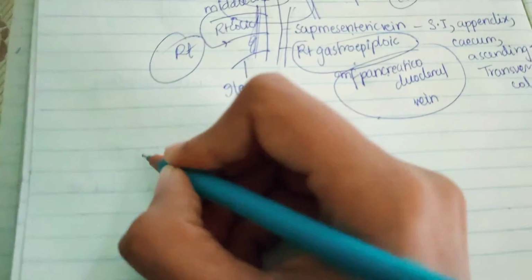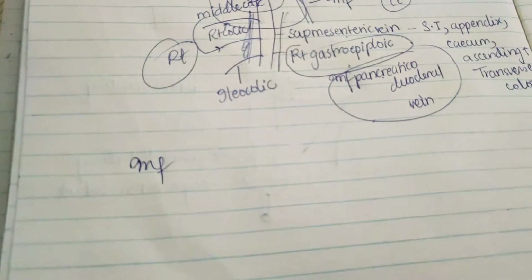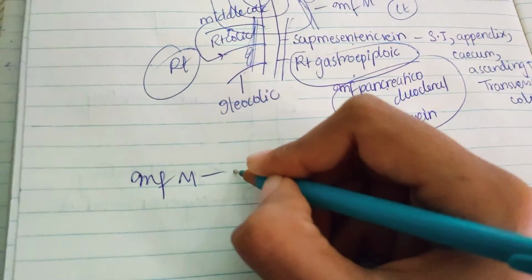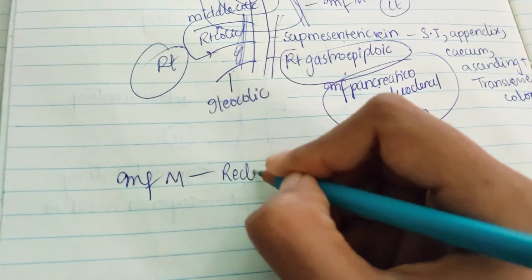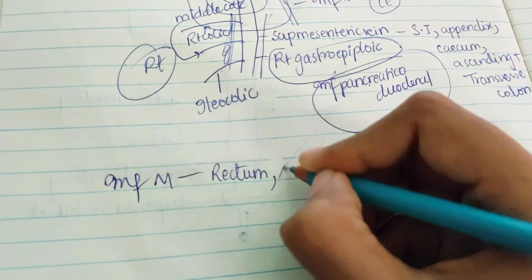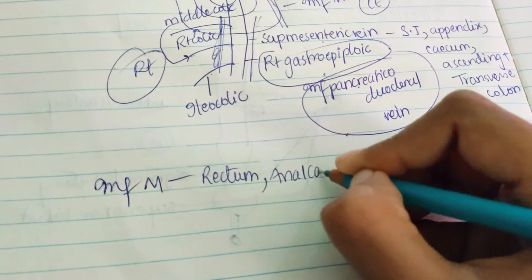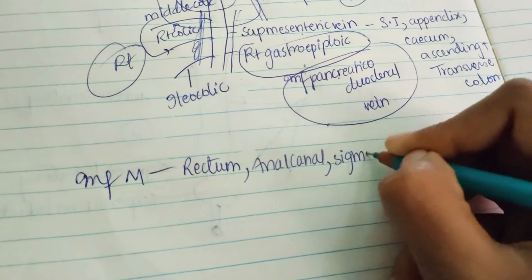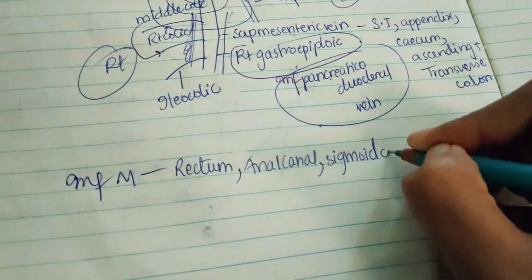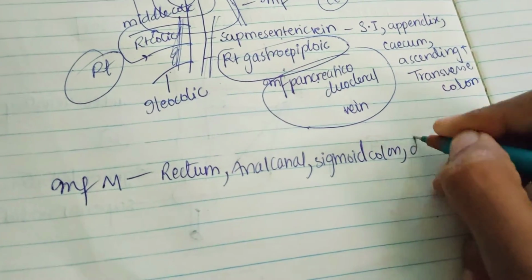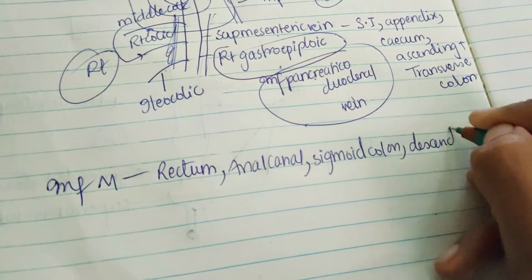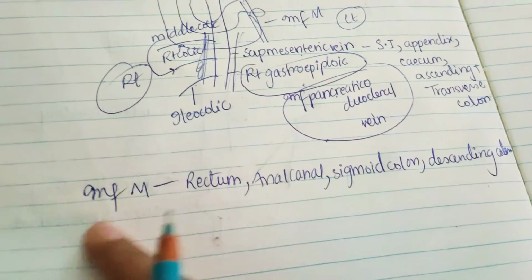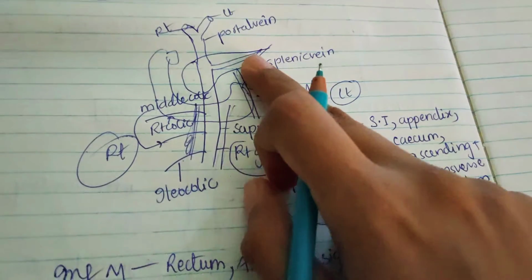So let me write it: the inferior mesenteric vein drains the rectum, anal canal, sigmoid colon, and descending colon. From all these parts the blood is drained by means of the inferior mesenteric vein.